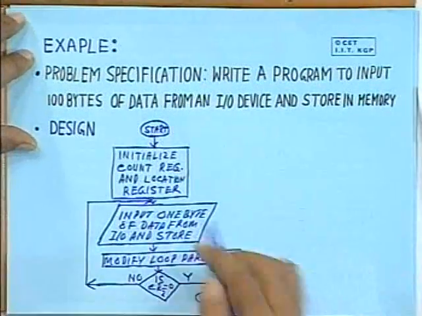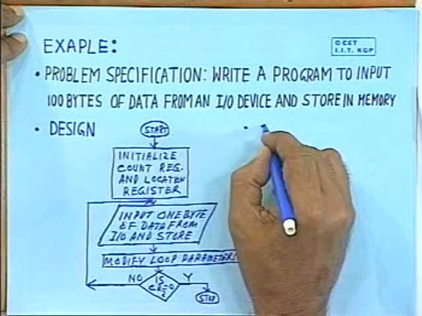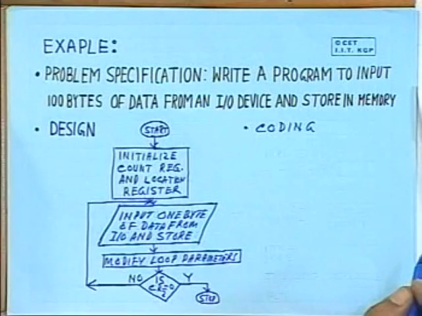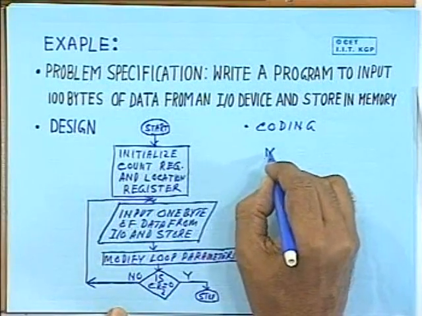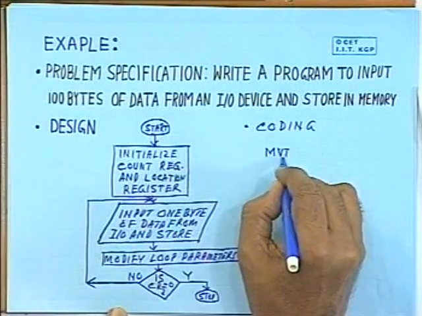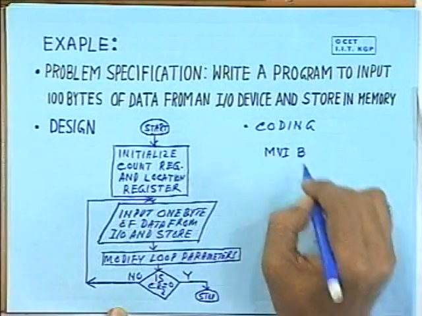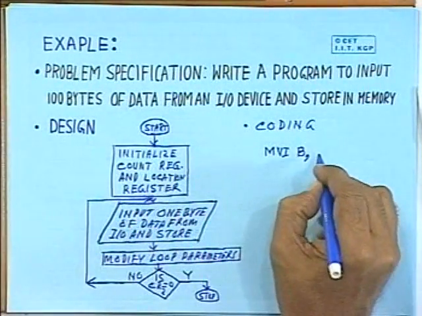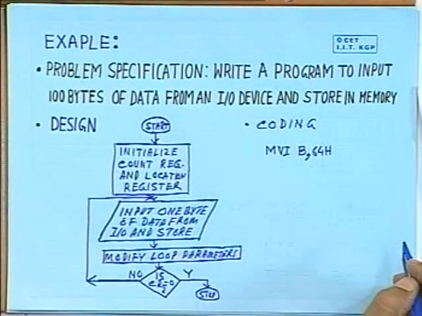Let us now convert this design and do the coding. The initialization can be done by using simple instructions like MVI. Let's assume we use the B register as the count register and initialize it with 100, that is 64 in hex.